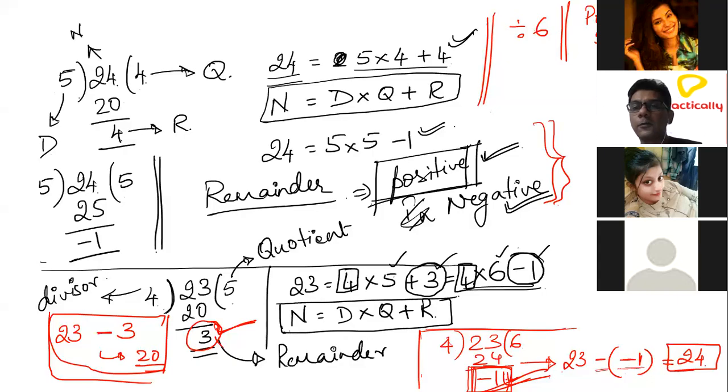If your positive remainder is 4, the negative remainder is 4 minus 6, which is minus 2. If the positive remainder is 3, it is minus 3. If the positive remainder is 2, it is minus 4. If the positive remainder is 1, it is minus 5.